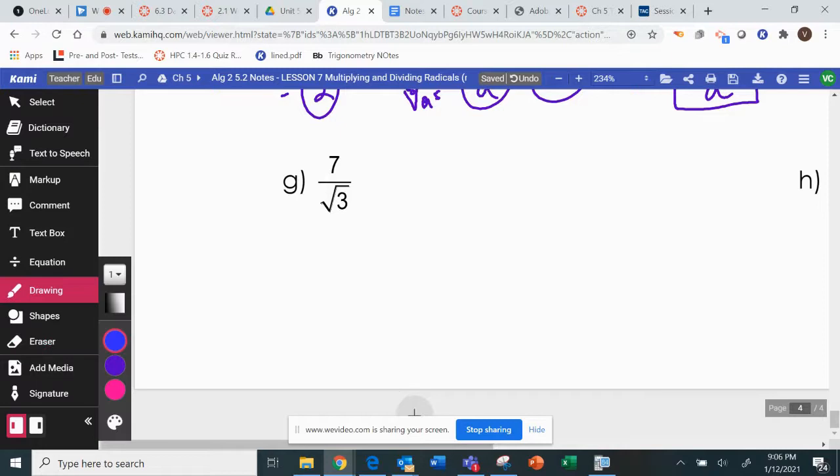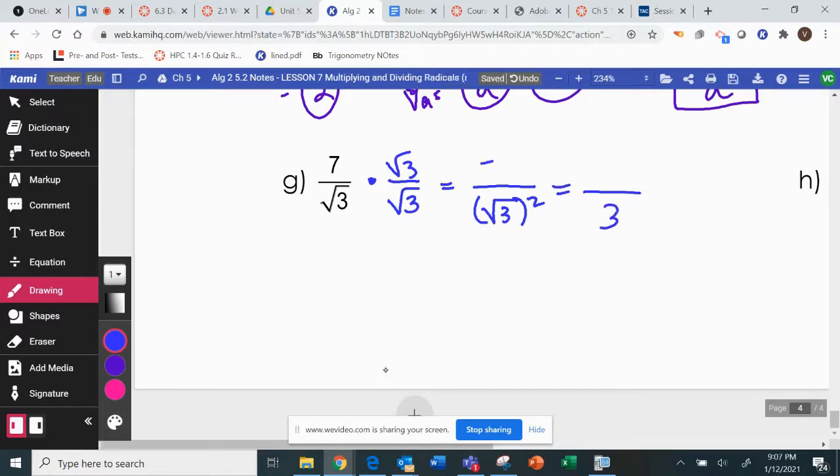This is a pretty basic one. We're going to multiply by a value of 1. It's a value of 1, so it does not change the value of the expression. This is just like finding a common denominator. We multiply the top and bottom by the exact same thing. I'm going to multiply by something that will give me a squared square root in the bottom. So I'm going to multiply by square root 3, because that will give me the square root of 3 squared, which tells me the answer is 3.